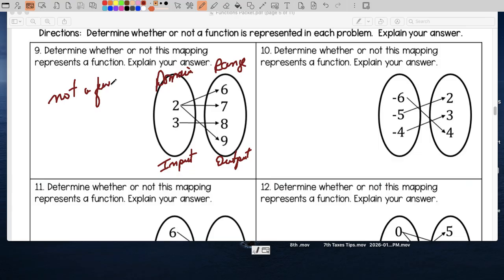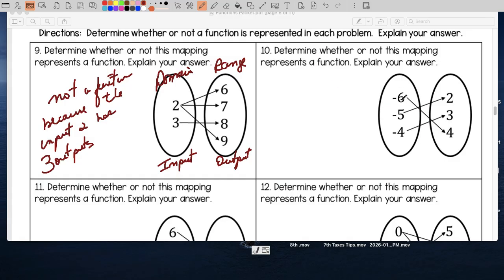Not a function because the input 2 has 4 outputs. Oh my god, 4 outputs. Right? It points out 6, it points out 7, it points out 8. Sorry, 3 outputs. Okay.